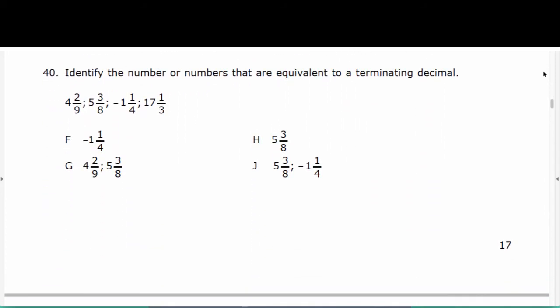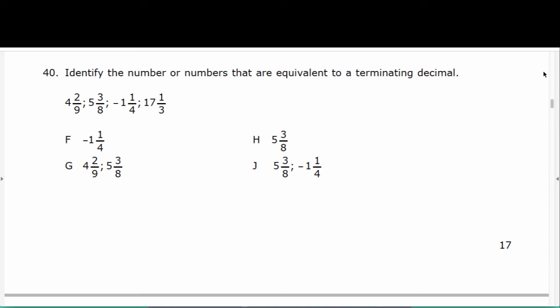Question 40. Identify the number or numbers that are equivalent to a terminating decimal. 4 and 2 over 9, 5 and 3 over 8, -1 and 1 over 4, 17 and 1 over 3.